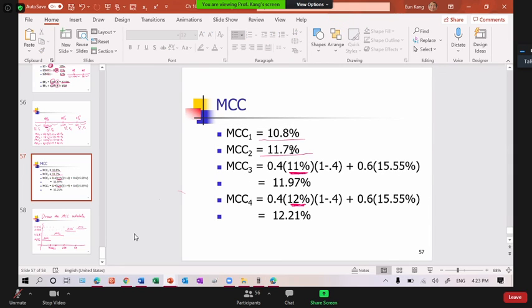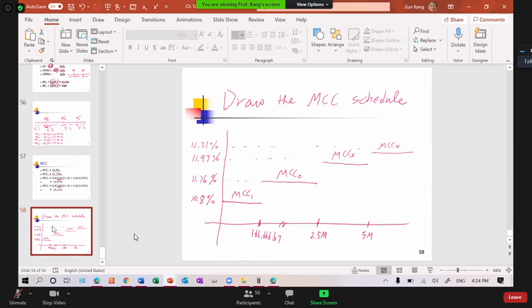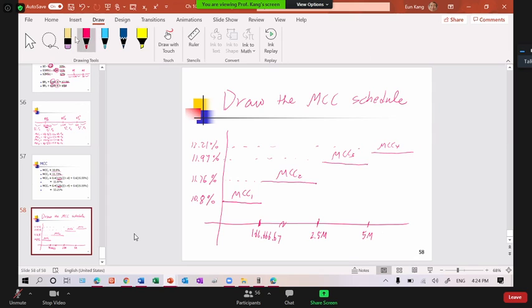Oops, so I have to change it to 11.73. And then this one should be 11.73 too. So that is how to draw the MCC schedule.